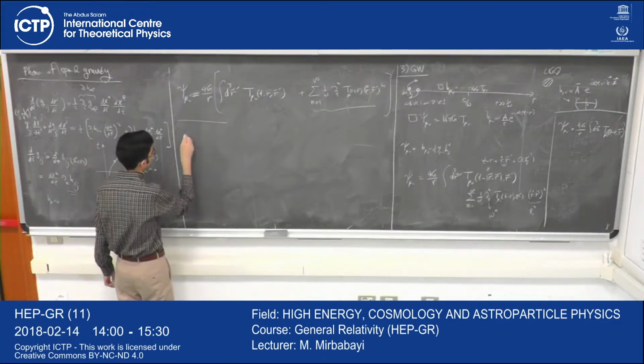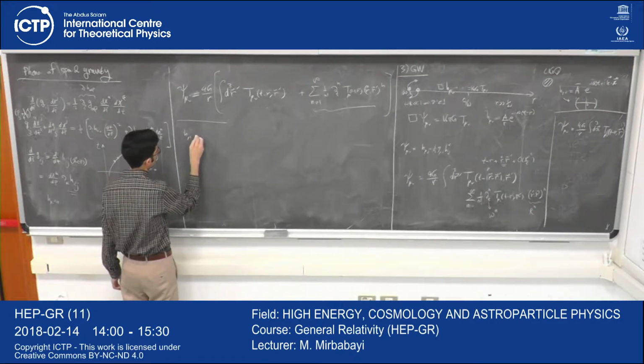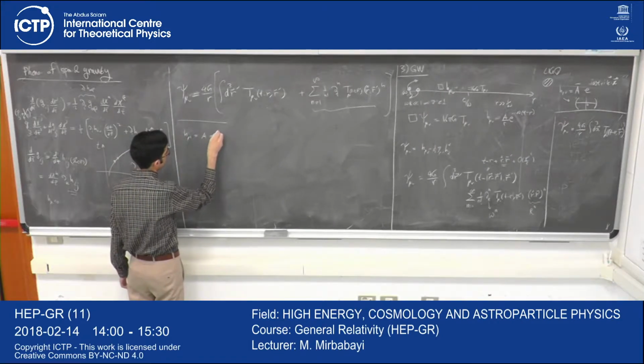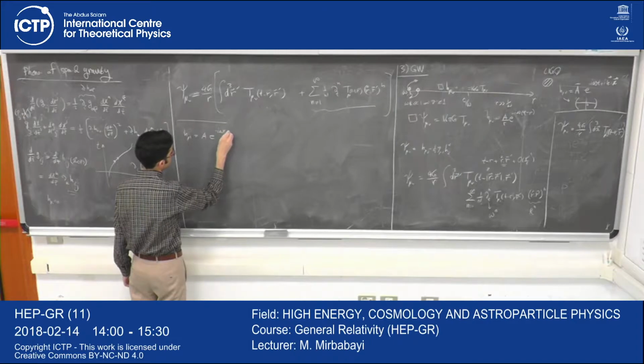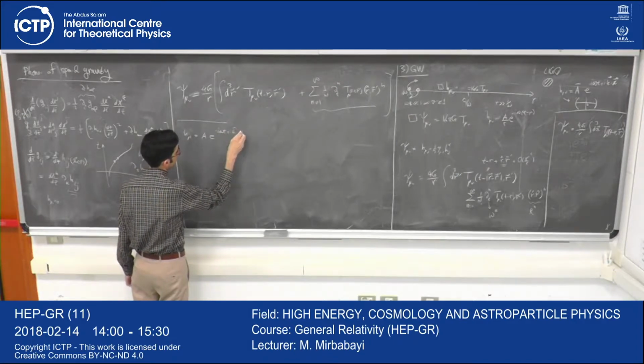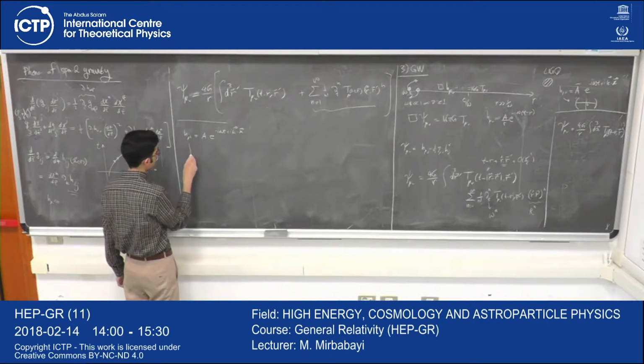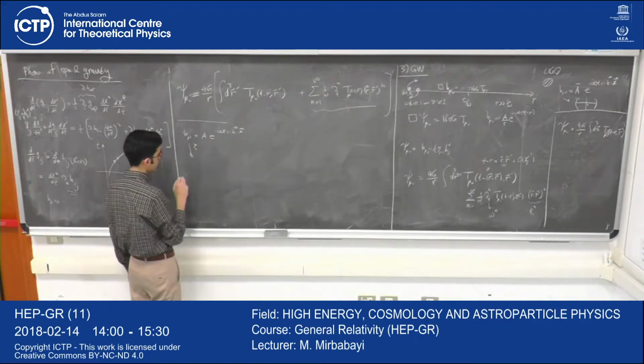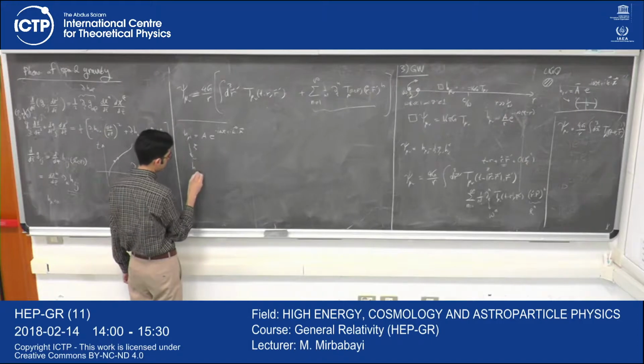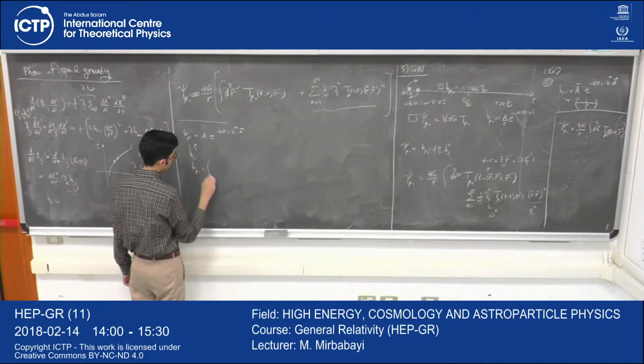so if I now consider a plane wave h mu nu, which is a e to the minus i omega t plus i k dot x, then using the diffeomorphisms, we can bring it into a new form.